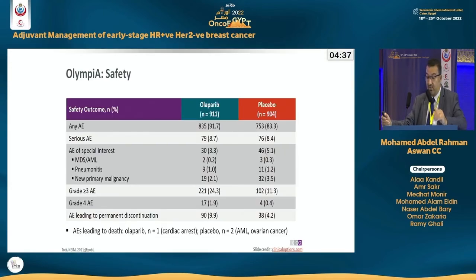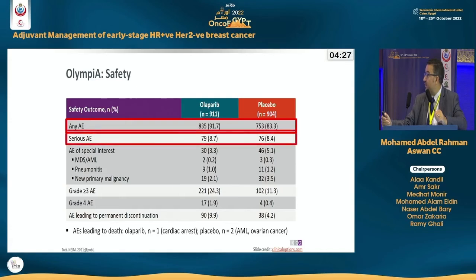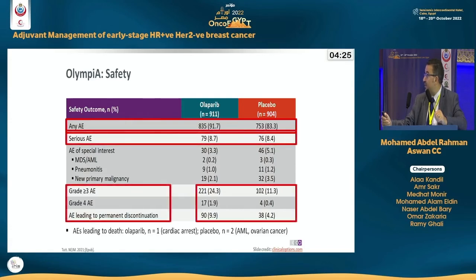Of course, this is not free of toxicity, with slightly higher toxicity in the olaparib arm, mainly due to grade 3 and 4 toxicity, not due to specific toxicity like second malignancy, as suspected, like leukemogenic effect, or pneumonitis.